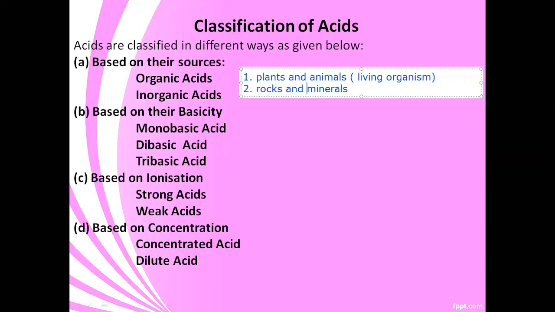The next one is the classification by basicity. It is divided into monobasic acid, dibasic acid, and tribasic acid. Already we know that mono means 1, di means 2, tri means 3.